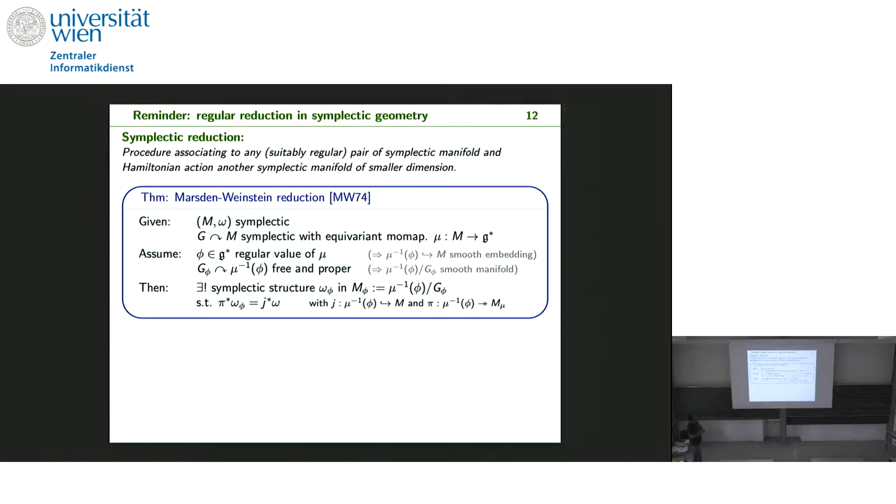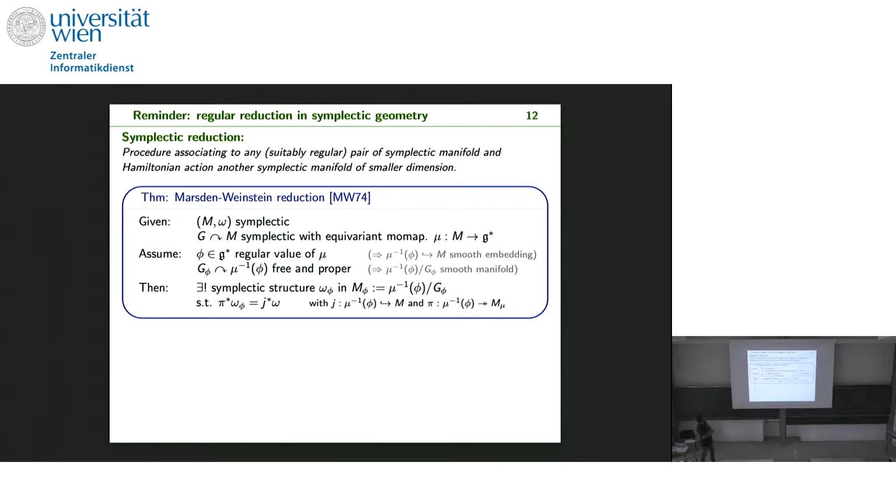admitting an equivariant moment map, if you fix an element in the dual of the Lie algebra, and this element is a regular value, so in particular this means that the pre-image along the moment map is a smooth embedded manifold.